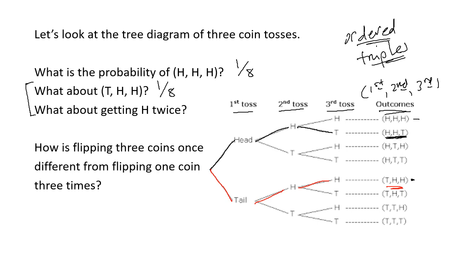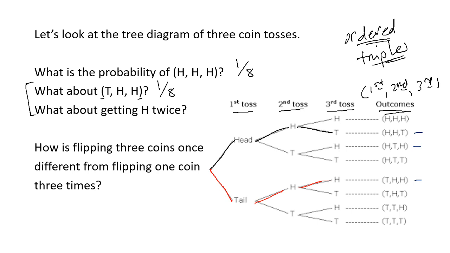But if we look at what is the probability of getting heads twice, that's a different question. And it seems like the same question if we don't keep in mind that these parentheses mean that order is important. So how many ways can I get heads twice? We'll erase all these lines here. I'll do this in blue to kind of keep things separated out. So here I get heads twice, here I get heads twice, here I get heads twice.